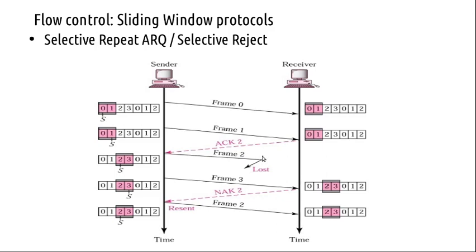The next frame is 2, but it is lost. So the sender sends frame 3. The receiver will say NAK2, meaning I did not receive frame 2 correctly. So please resend that. So it will resend that frame.